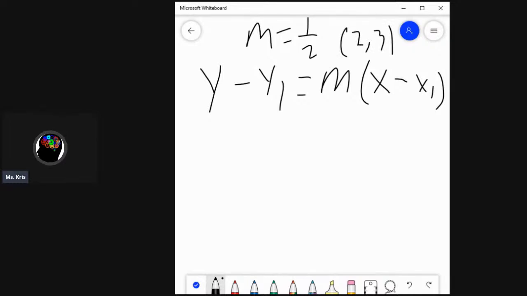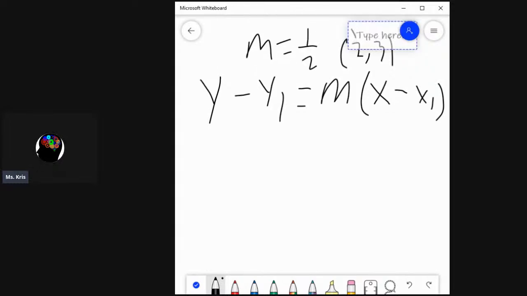How do I write my linear equation in point slope form? Well, point slope form tells me that 2 is my x, 3 is my y.